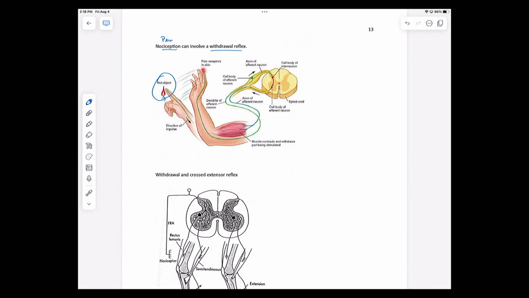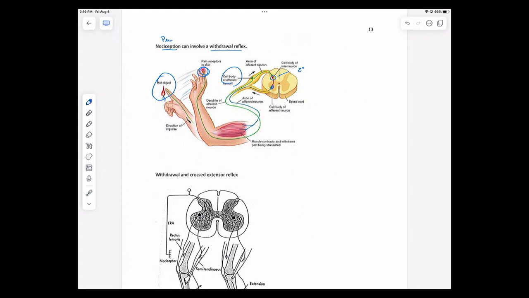So you grab the hot plate or whatever is hot. What's going to happen is the DRG is going to be detecting pain. Okay, it's hot. It's going to be going back, and it's going to synapse onto a secondary sensory neuron. And that neuron then is going to talk to some other neurons.